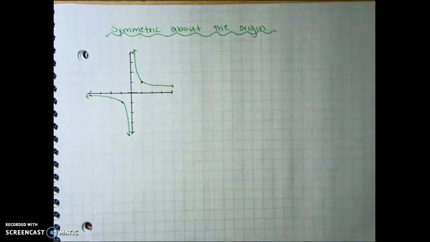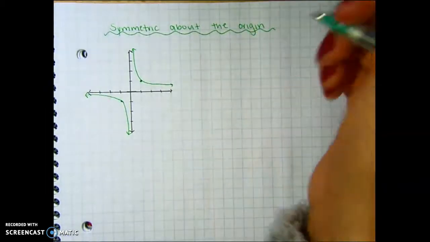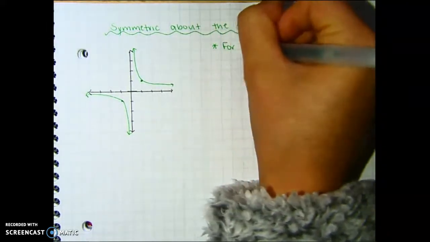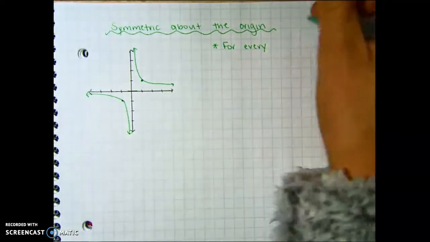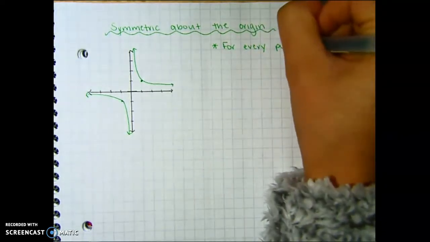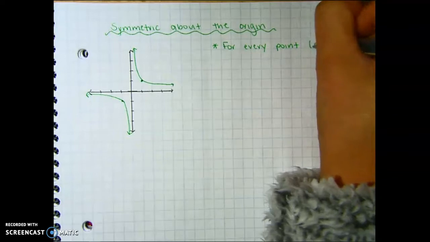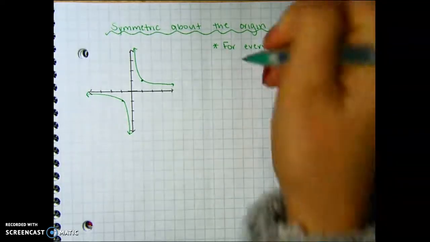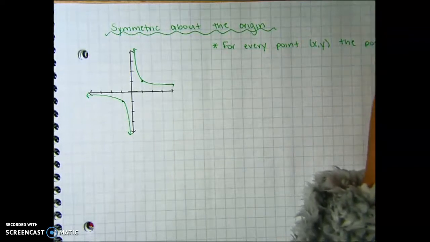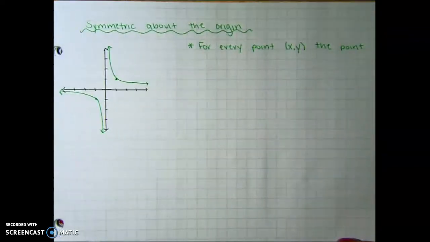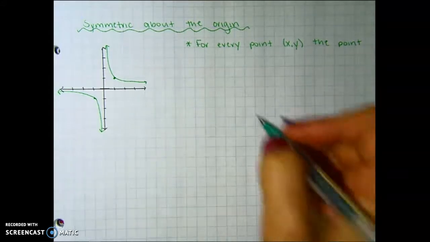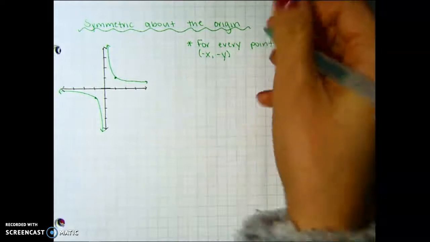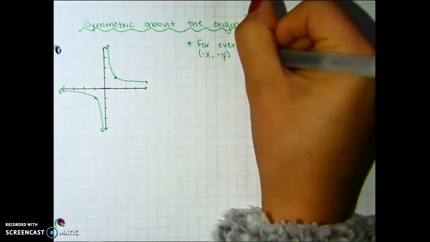So if it's symmetric about the origin, then for every point x, y, the point negative x, negative y is also on the graph.